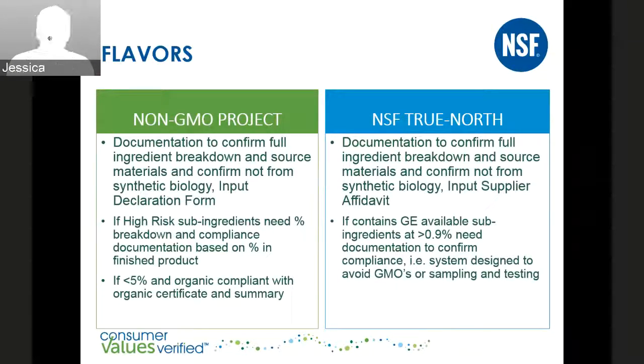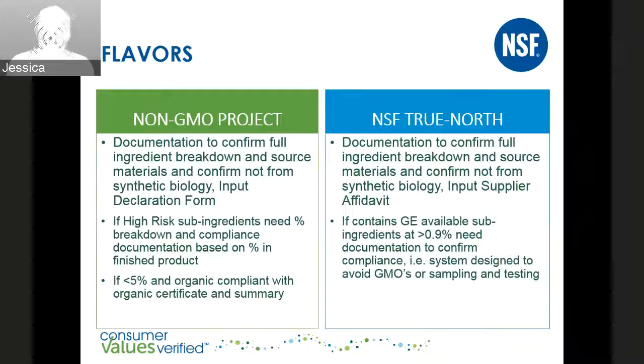And again, similar to True North, if the overall flavor is certified organic or certified to the Non-GMO Project or to another non-GMO IP, then we would just need that certificate. Otherwise, we will need the full ingredient breakdown, again, confirming source information. True North has an input supplier affidavit that you can have your suppliers fill out, and it'll ask questions about the synthetic biology nature, about the derivatives of the various components.